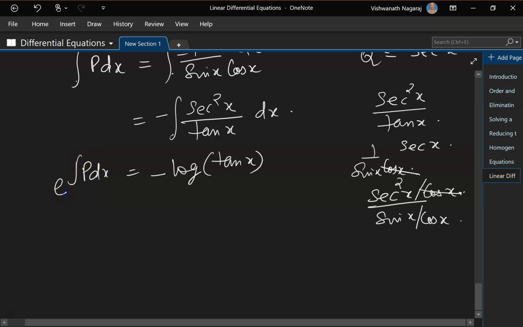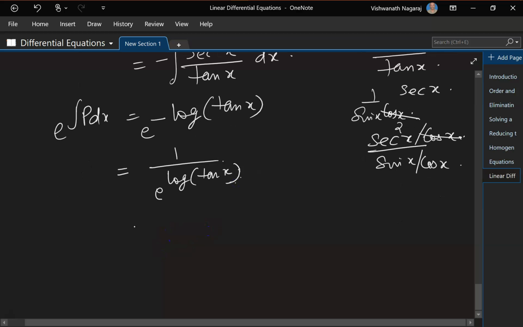Now let's take it e to the power of. So when we do that, what happens? Since the power is negative, the whole thing goes down, right? So 1 by e to the power of log of tan x. Okay, and here e and log get cancelled, so we are left with 1 by tan x, which is nothing but cot x.